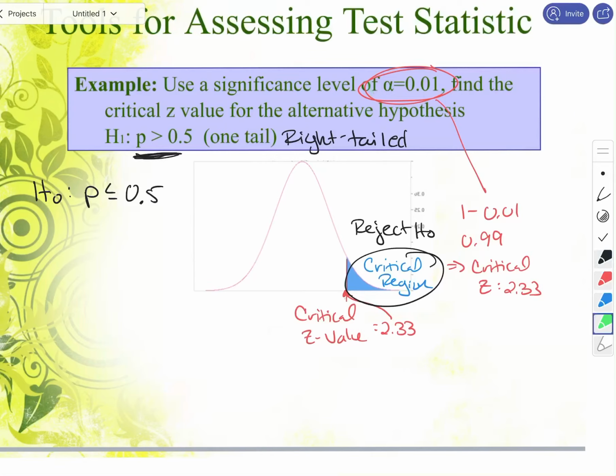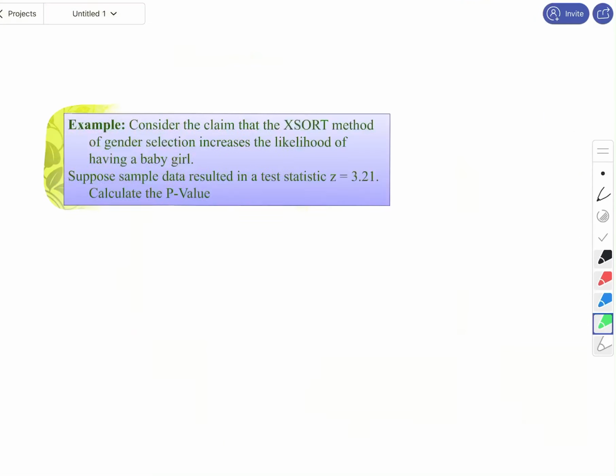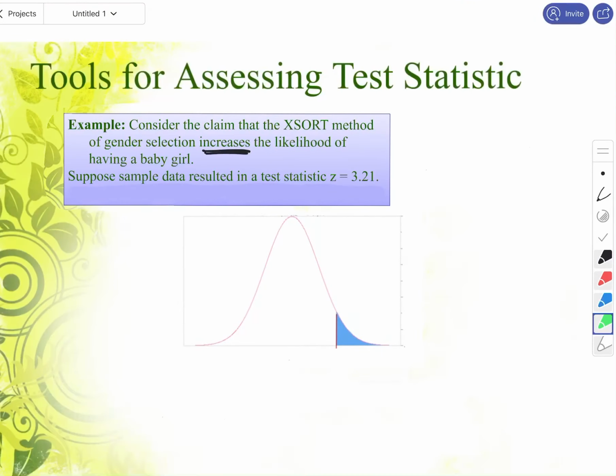But if we're over here on the left-hand side, not in the critical region, then I would love to say accept, but we don't say accept. We say we fail to reject the null hypothesis.